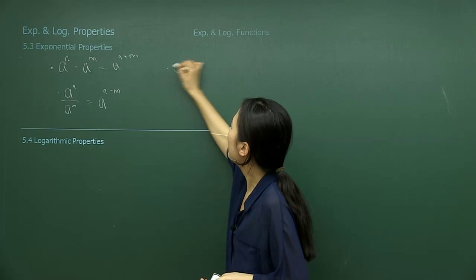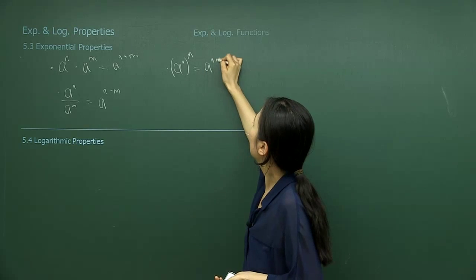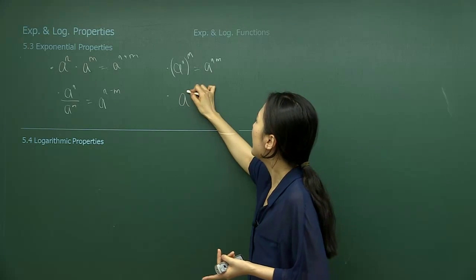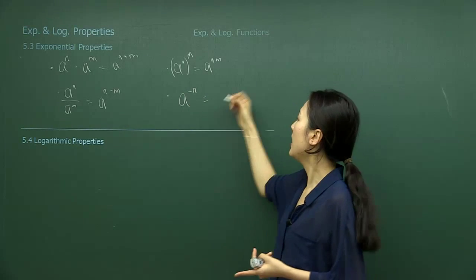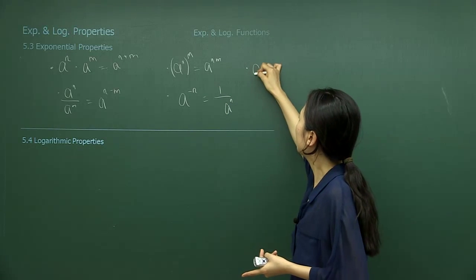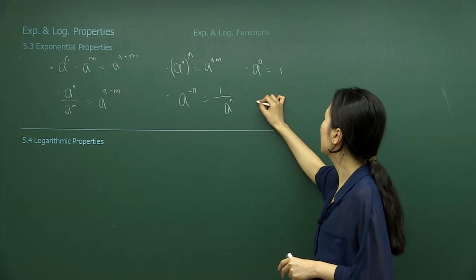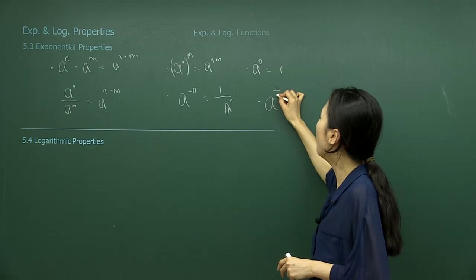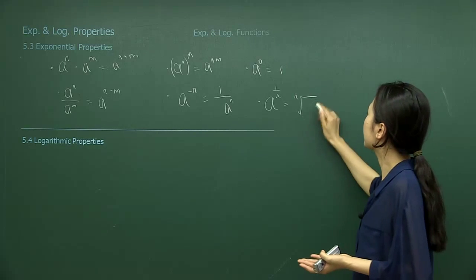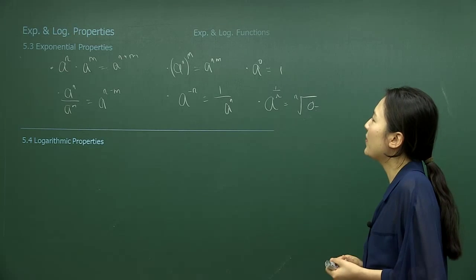If you have a power of a power, you're multiplying the two exponents. And if you have a negative power, it means 1 over. Also, if you have a to the power of 0, that equals 1. And if you have a to the 1 over n, that means the nth root of the base a. Those are the properties of exponential terms.